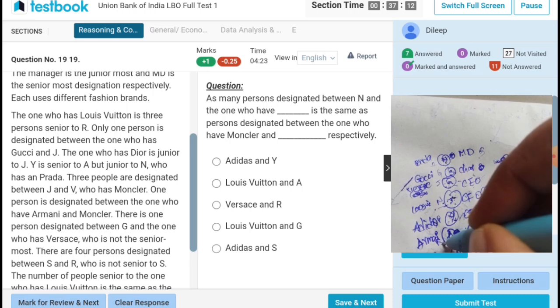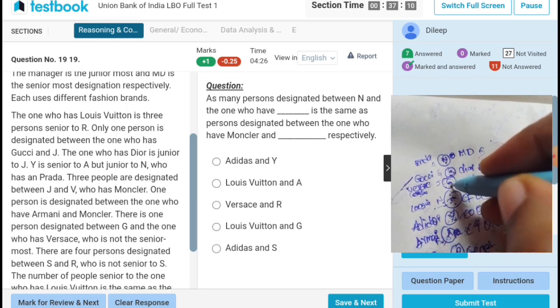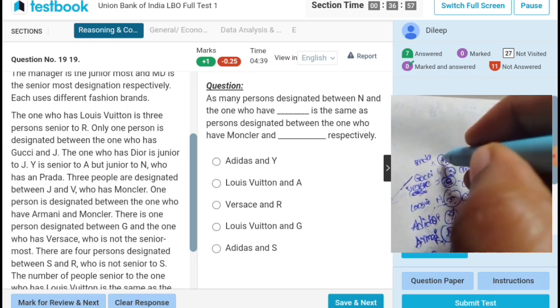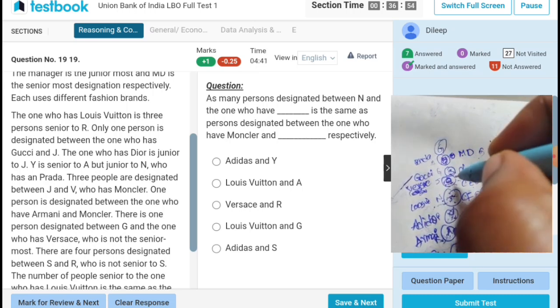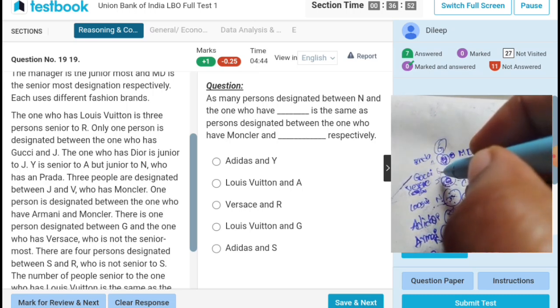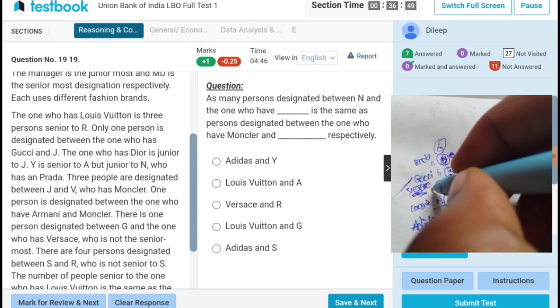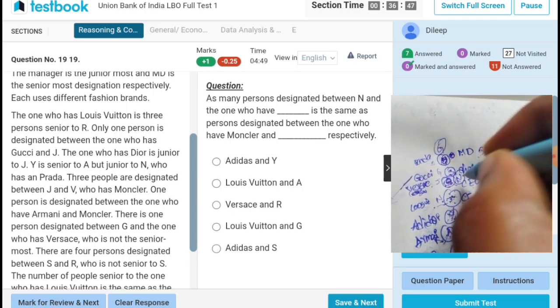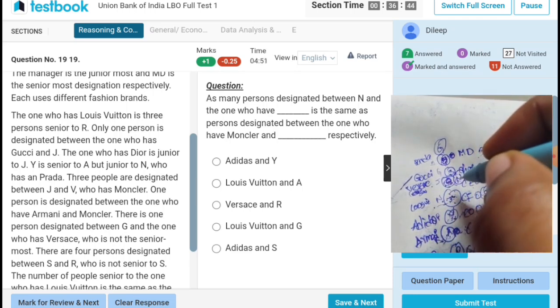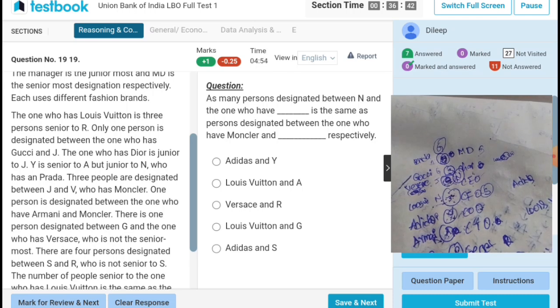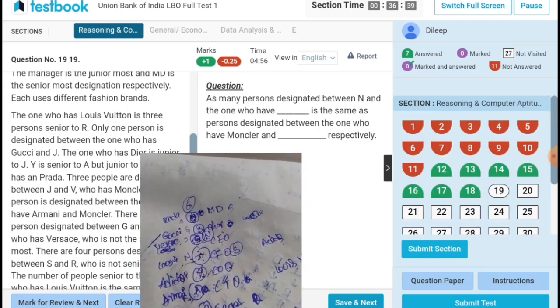There is one designation G and the G, it's not senior. Okay, next.